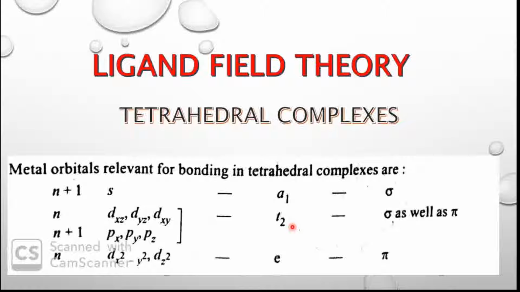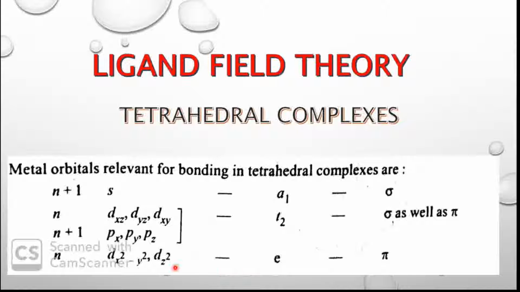As you know, tetrahedral complexes do not have a center of symmetry. When they do not have a center of symmetry, you cannot put g here. G means gerade, which means presence of the center of symmetry, and at the start of the lecture I already told you there is no center of symmetry in the molecule, so g cannot be used here, and you will use the term T2. I have already explained this in my crystal field theory lectures.